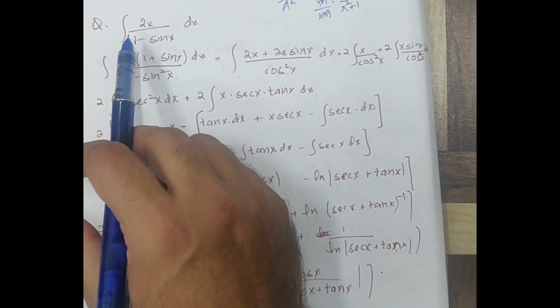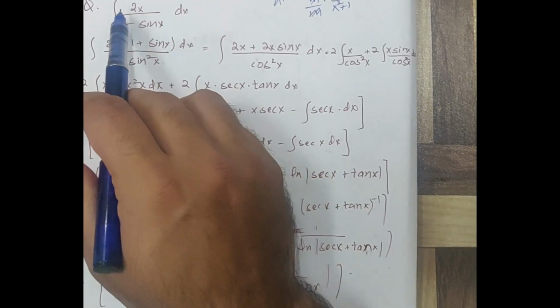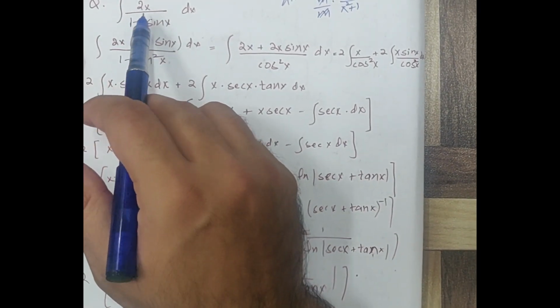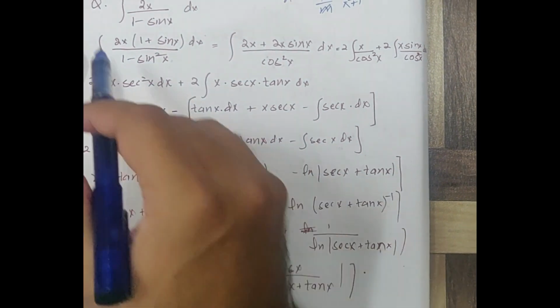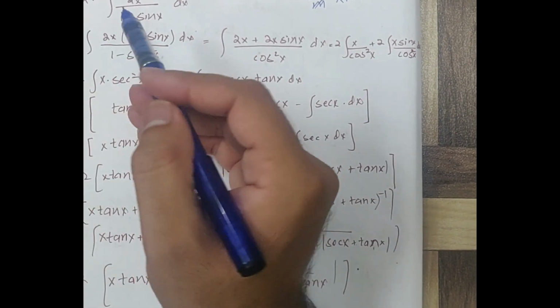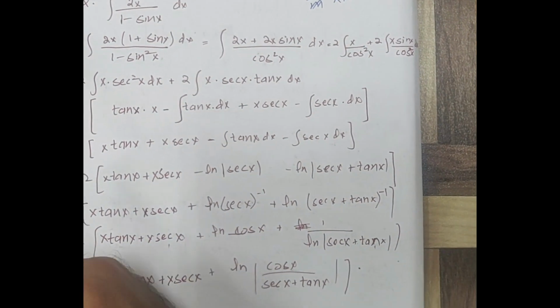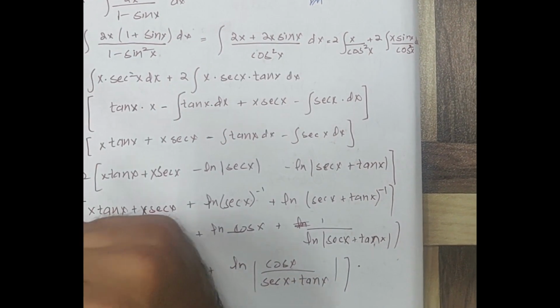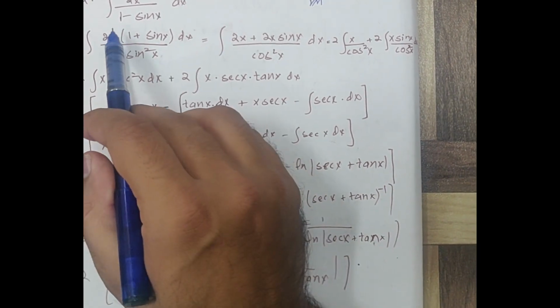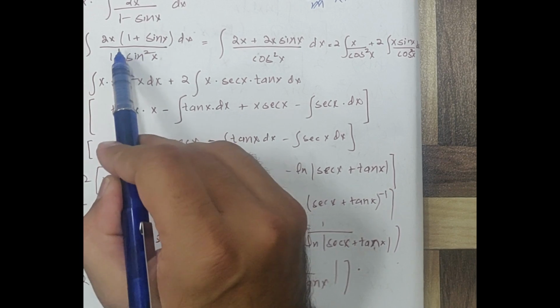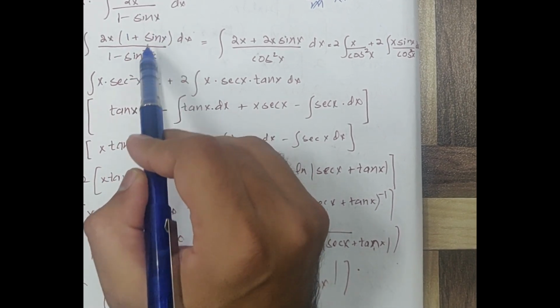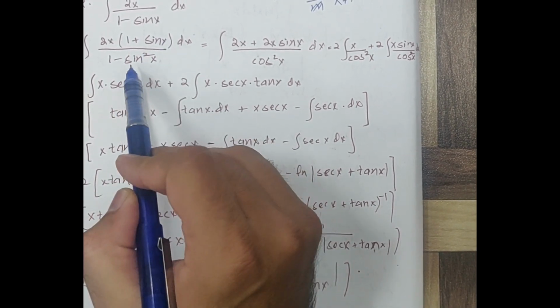Now I have another problem here: the integral of 2x over 1 minus sin x dx. First, I've tried to rationalize this expression by multiplying and dividing by 1 plus sin x in the numerator and the denominator.